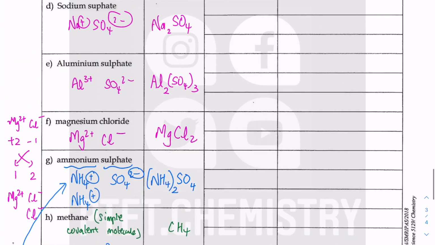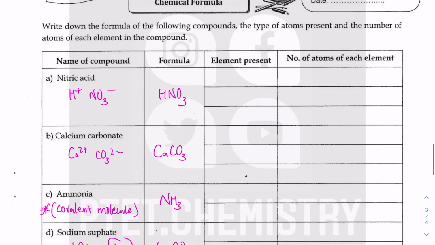Alright. They want you to simply state the elements present. So you've got hydrogen, nitrogen, and oxygen. You've got 1 hydrogen, 1 nitrogen, and 3 oxygen. 1, 1, and 3. Here, calcium carbonate, you have calcium, carbon, and oxygen. You have 1 calcium because there's no number stated there.